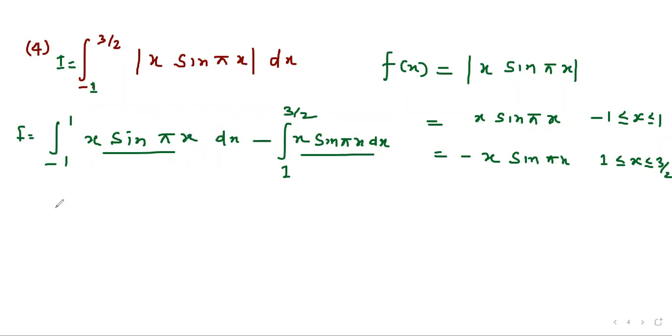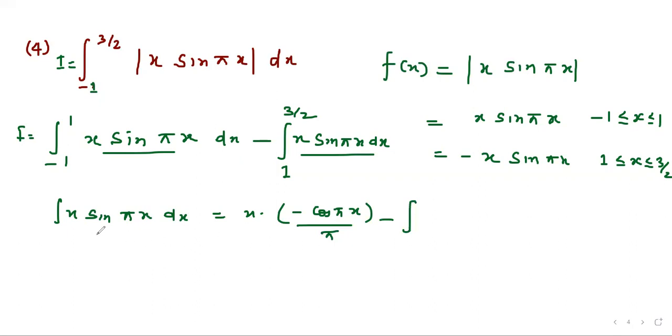So integration of x sine pi x dx can be found by using the by-parts rule. Here sine pi x will be the integrable function. So x times this will become minus cos pi x upon pi, minus, x will be differentiated, that will give 1, so minus cos pi x dx divided by pi.